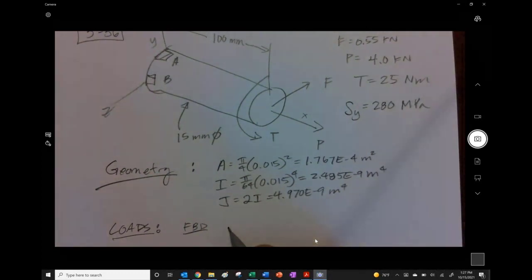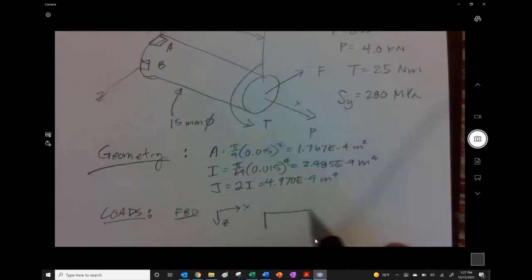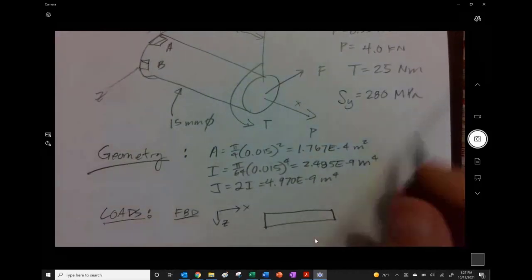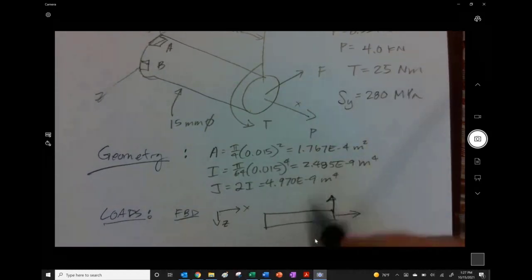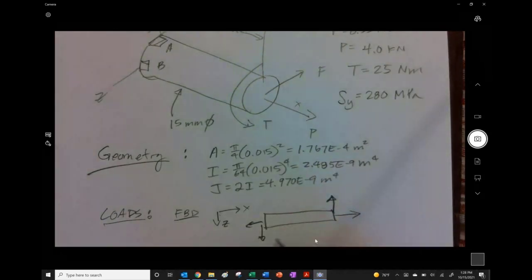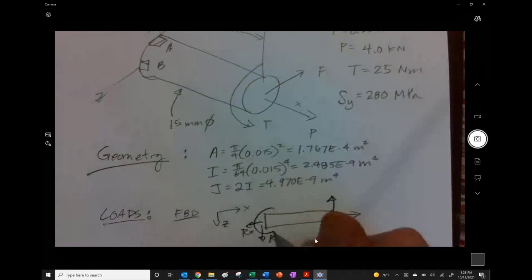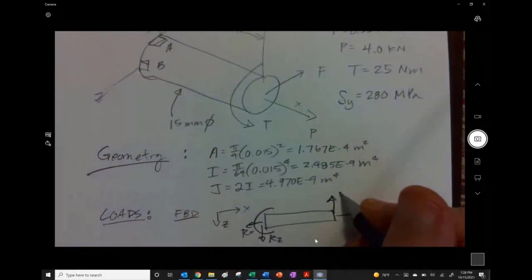The only one we really need to do is in the xz plane, because looking at this thing, so simply, there you go. The torque doesn't show up, obviously. Here's reactions right there, RZ, RX, and we have a moment reaction.